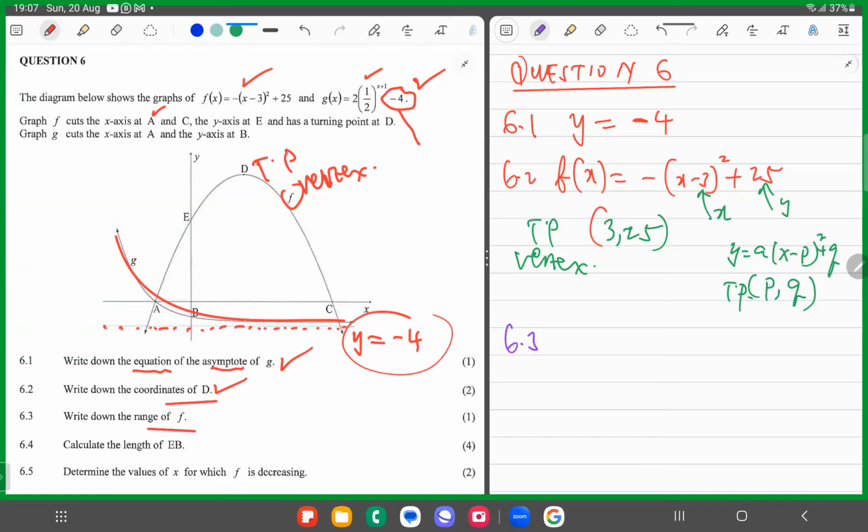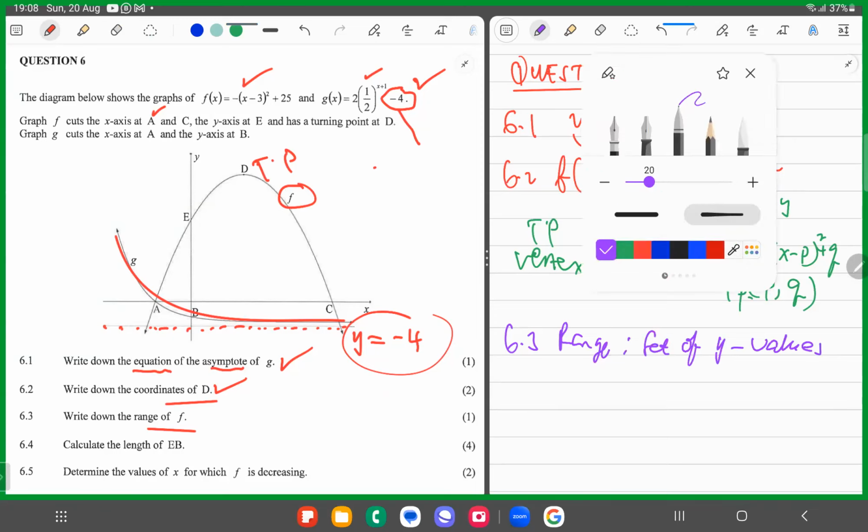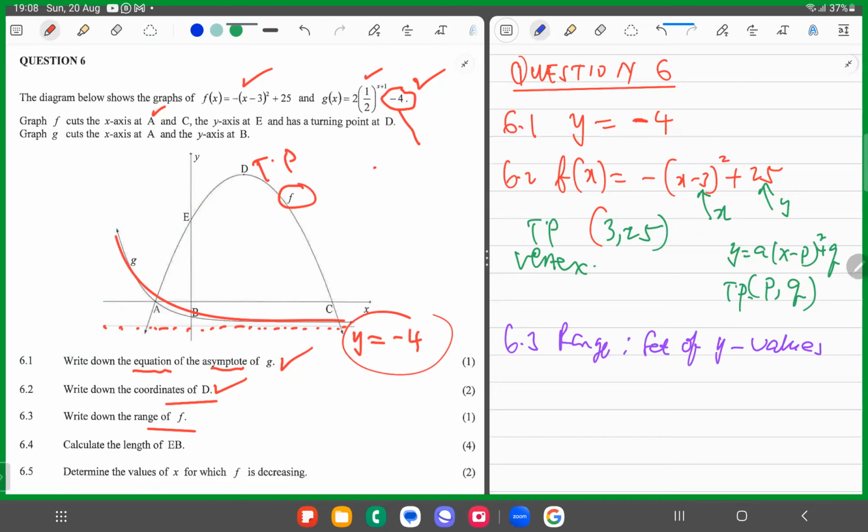Right, the range of f. f is the parabola. What is the range? The range has to do with the y values. The set of y values, what are these things?